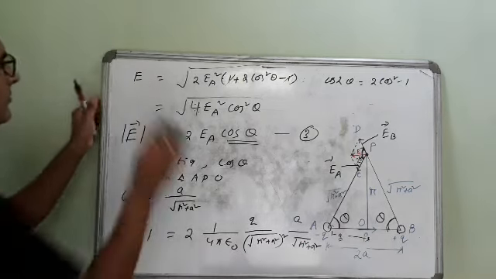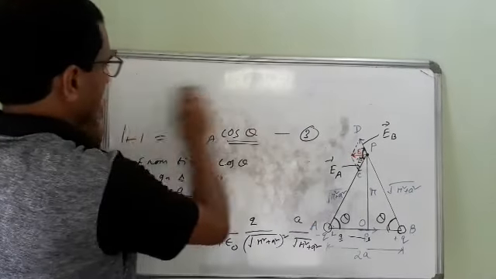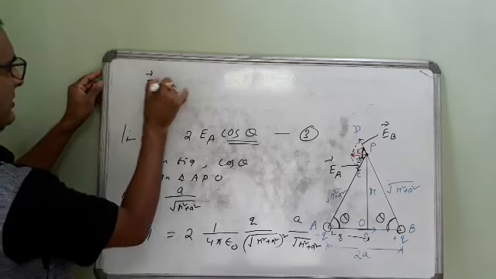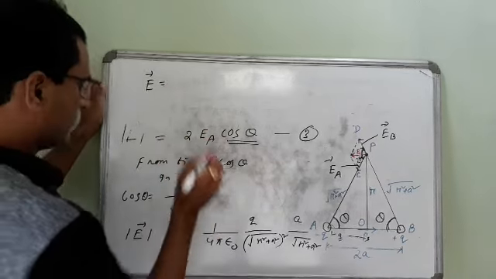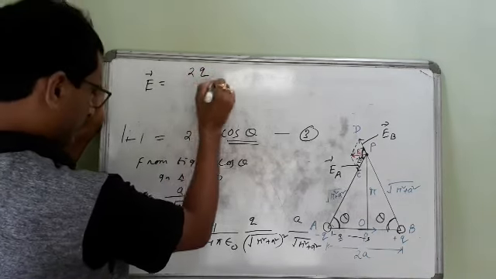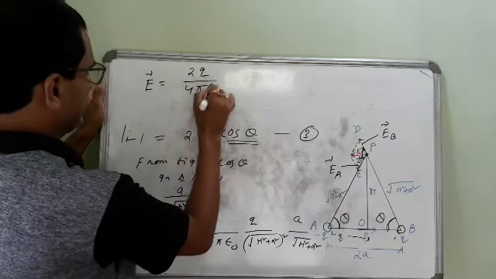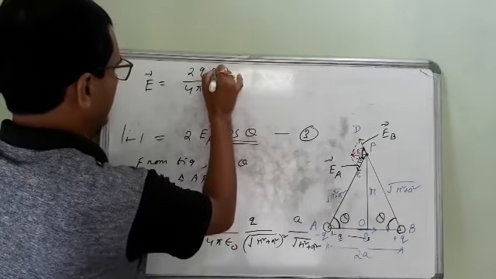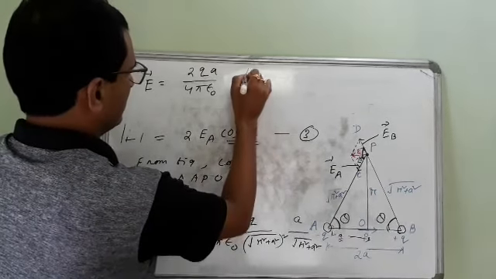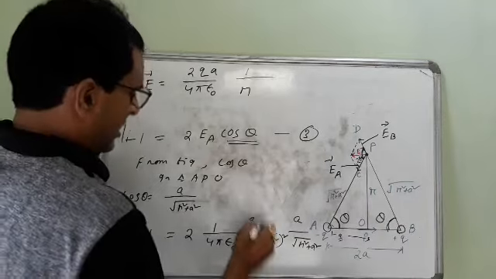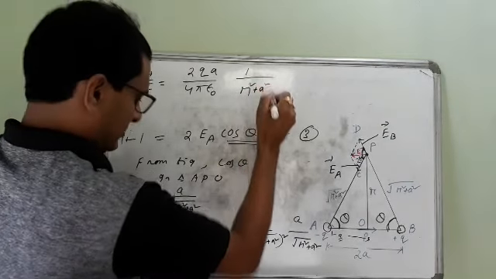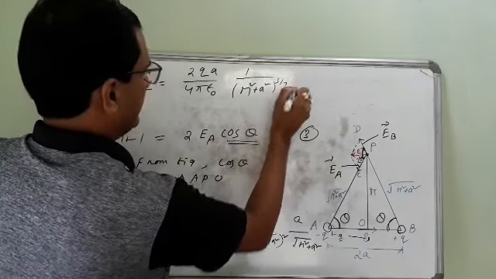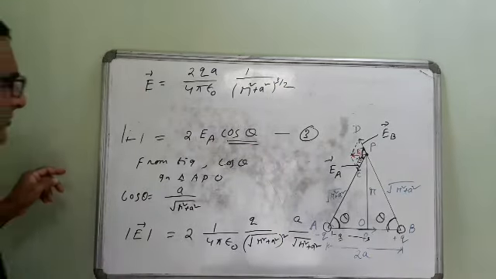Now we write here E is equal to twice Q A by 4 pi epsilon naught, over R square plus A square to the power 3 by 2.